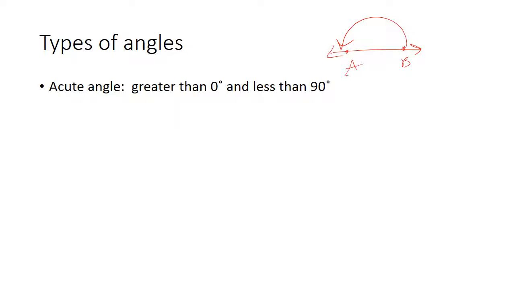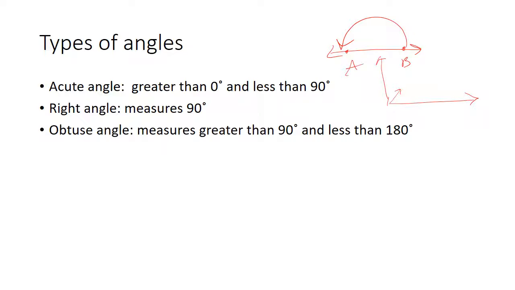An acute angle is going to be greater than 0, but less than 90. So this would be a 90-degree angle. Pretend that's a good drawing. Anything that is in here is going to be acute. It's going to be less than 90 degrees. A right angle measures right at 90. And an obtuse angle measures greater than 90, but it has to be less than 180 degrees, because if it's 180 degrees, we wouldn't say it's an angle any longer.